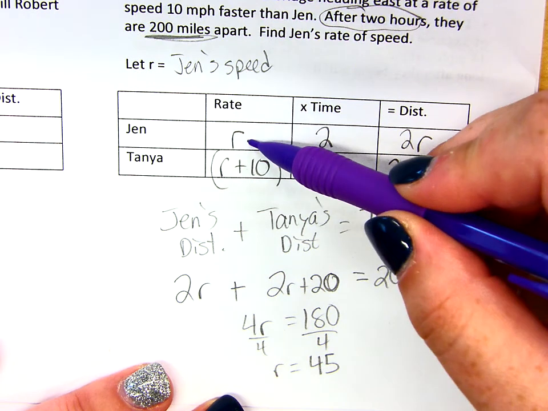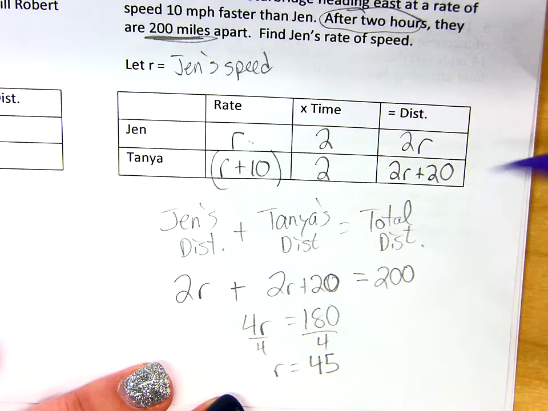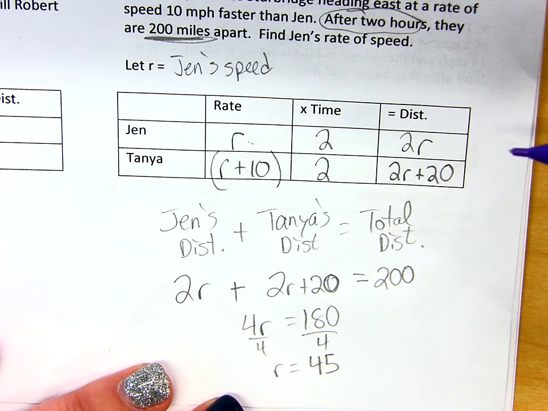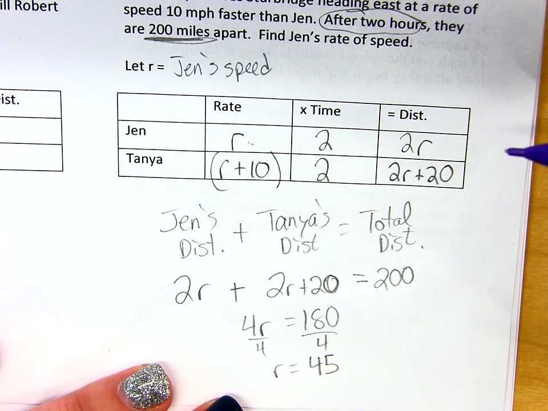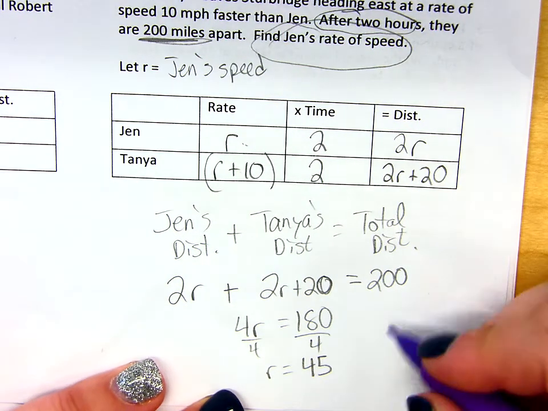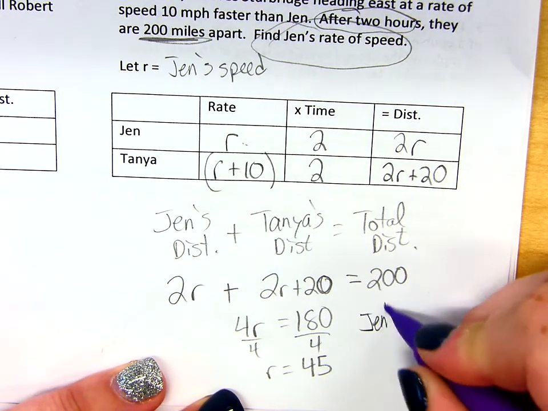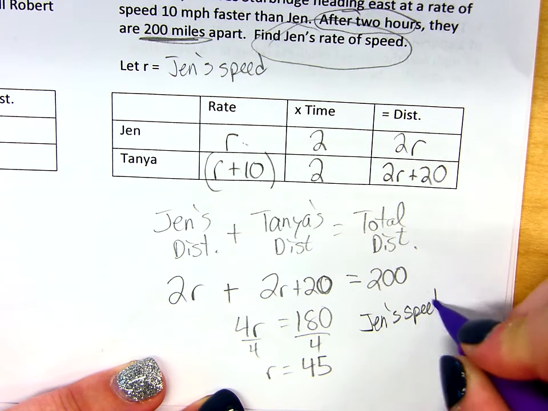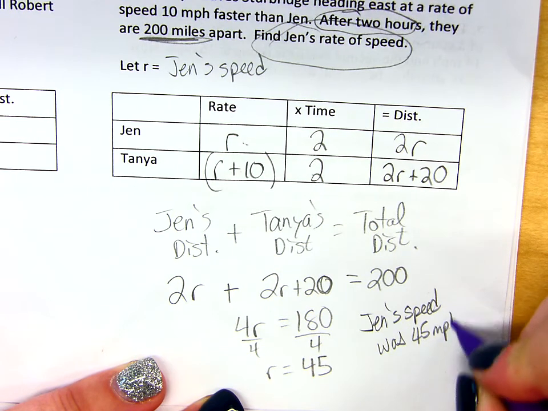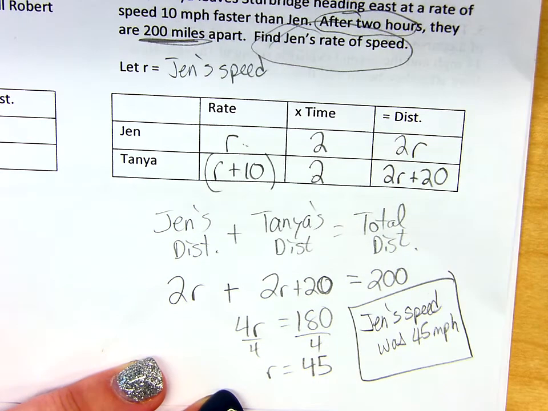So Jen is going 45 miles per hour, which means Tanya is going 55. But what did they want? The problem says find Jen. So then you would just give me a sentence that says Jen's speed was 45 miles per hour. Done. Does that make sense?